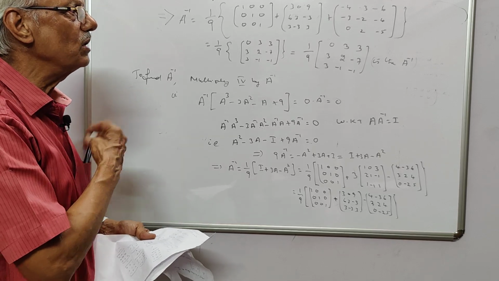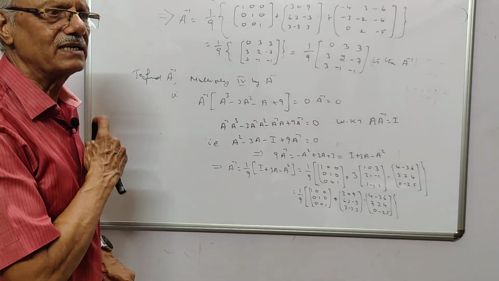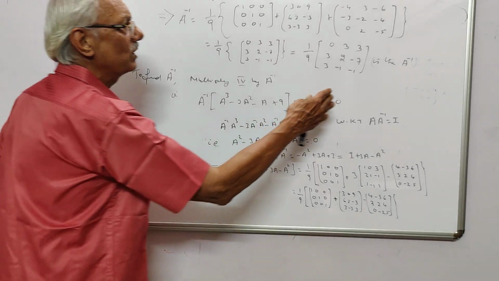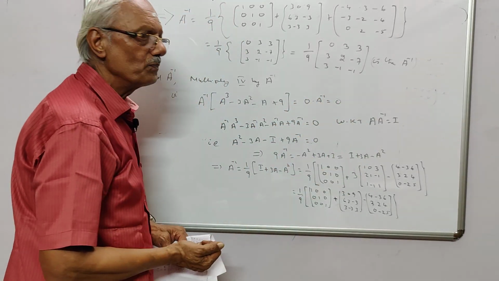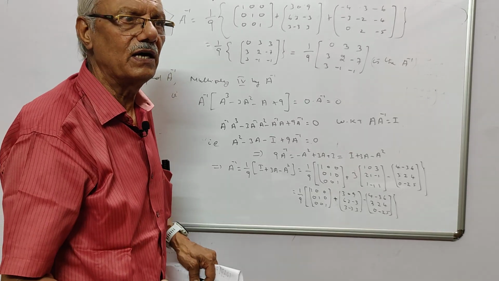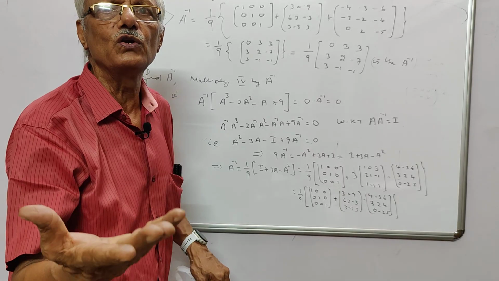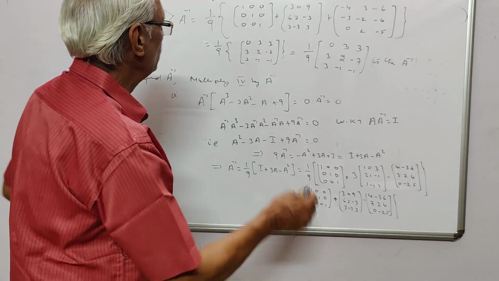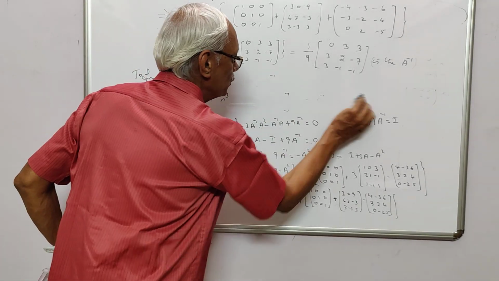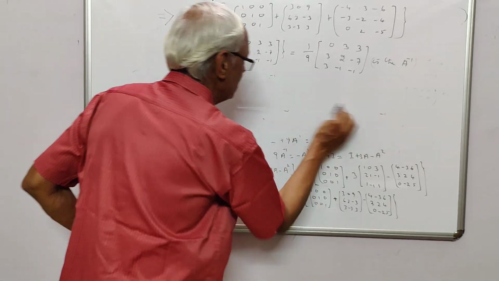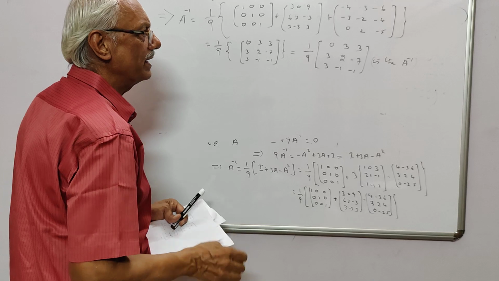But how am I sure that this A inverse is correct? Now you tell me how this is correct. So I do not know whether this A inverse is correct or not. So you have to verify again whether A inverse into A is equal to unit matrix. So verification. So using Cayley Hamilton's theorem, you are able to get the A inverse.